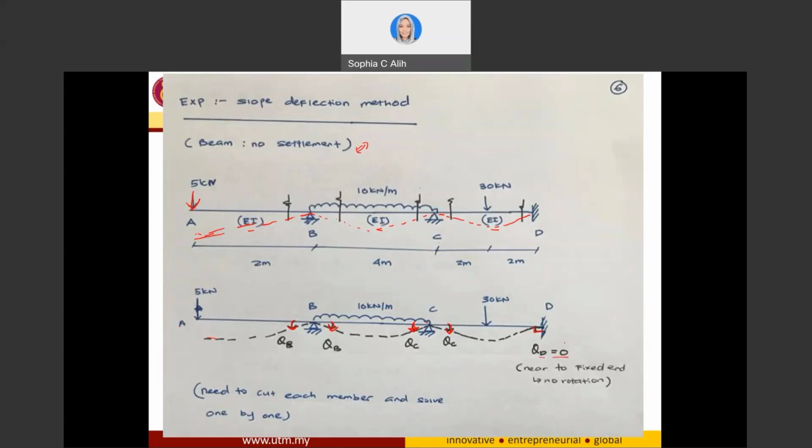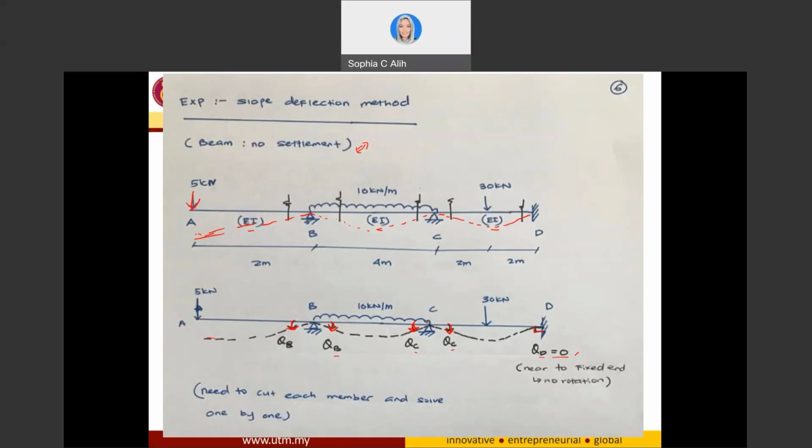Now, I already know that theta D is going to be 0, but I don't know the amount of theta C and theta B. So I need to determine theta C and theta B first. If you can see, the direction of my rotation of theta B is counterclockwise.